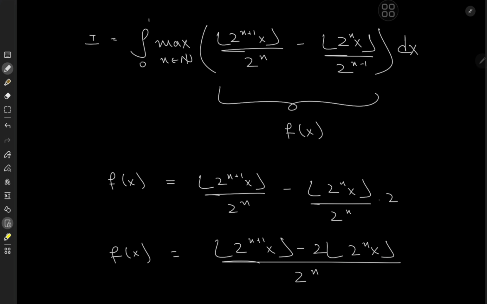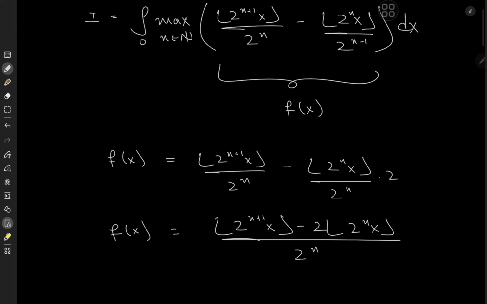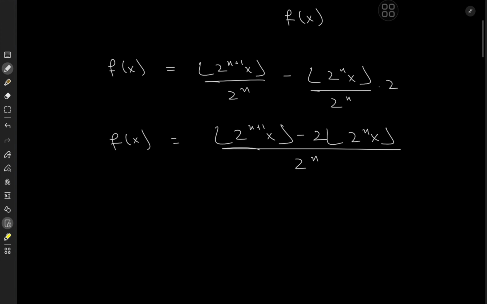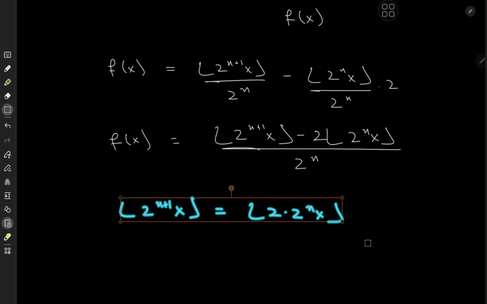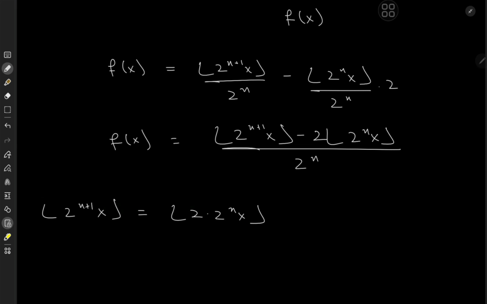And this numerator is really interesting. Because we have floor of 2 to the n plus 1 times x equal to floor of 2 times 2 to the n times x, we may be tempted to write this as, since the floor function just returns the integer part, multiplying the argument by 2 should return twice the integer part, and that is reasonable.